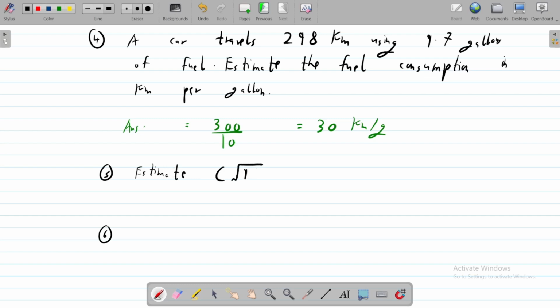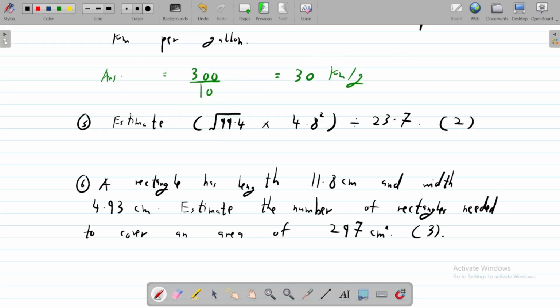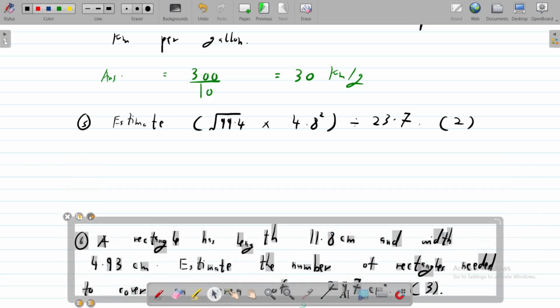So we have 99.4 times 4.8 squared divided by 23.7. And the last one, a rectangle. You can start doing the fifth one, so then I write down the last question. What's the fifth one? Tell me the working step by step.